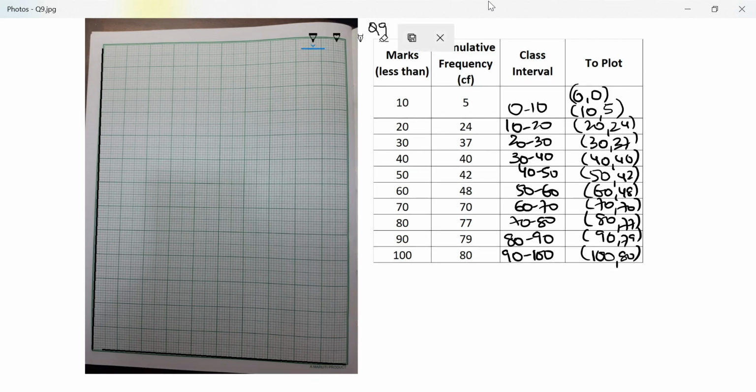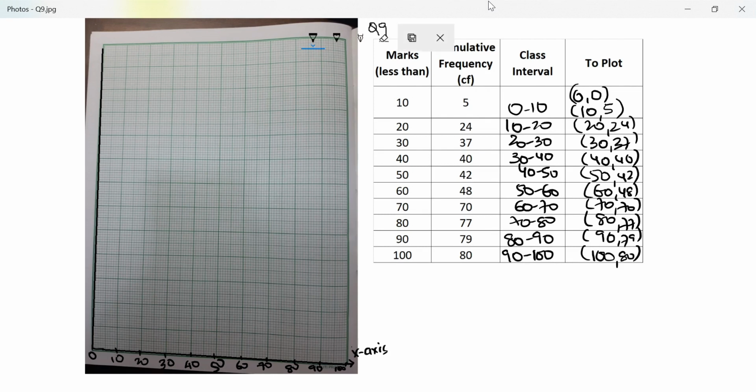So here I have to go up to 100 on the x-axis. So then there is no kink. This is 0, this is 10, 20, 30, 40, 50, 60, 70, 80, 90, and 100. This is the x-axis.